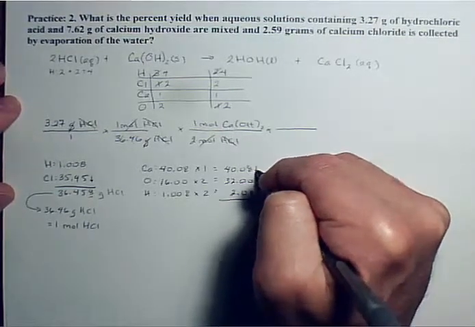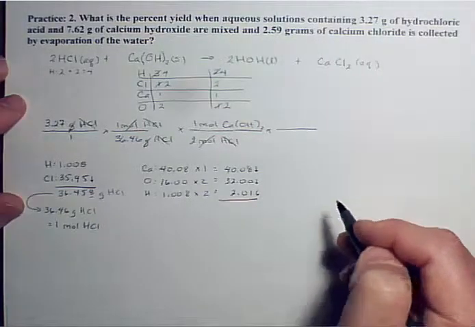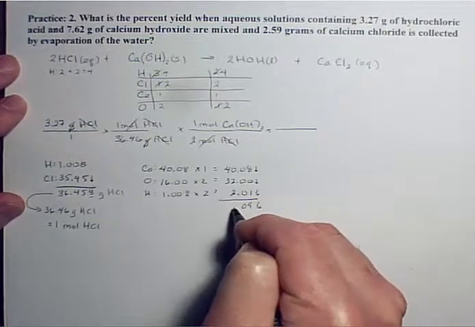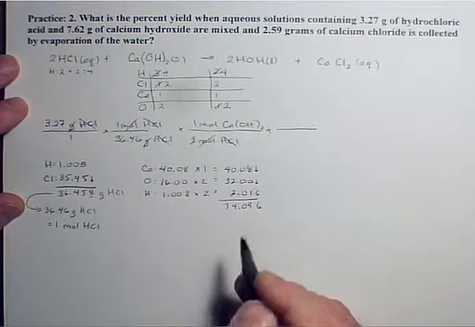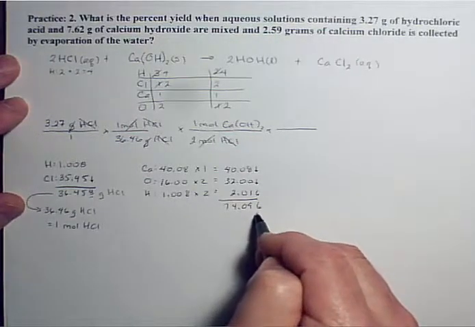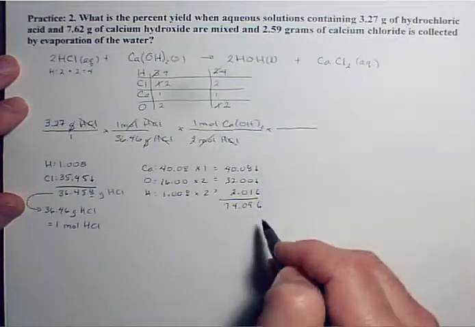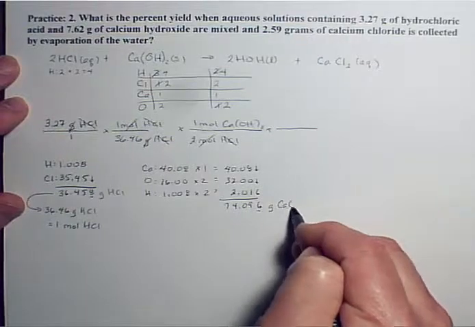But if you like to have a place keeper, you can put an arrow there. It's not required that you put an arrow there, but you can. So 6, 9, 0, 4, 7, 74.096. Okay? So this 6 is insignificant because we don't know what those two digits would have been if we'd had them. I'm going to underline the 6. This is grams of calcium hydroxide.